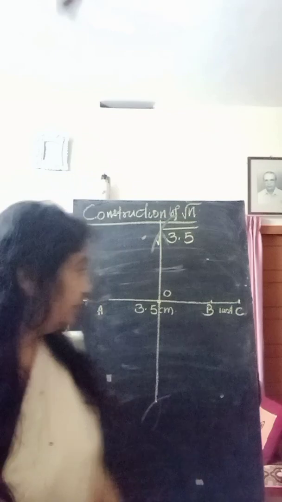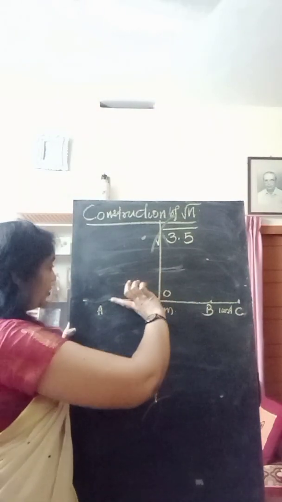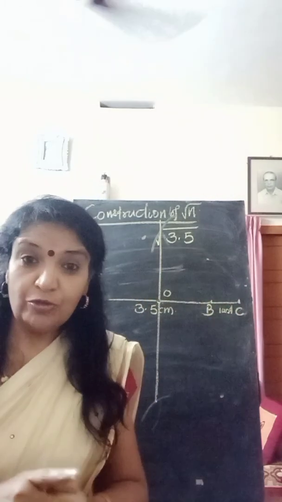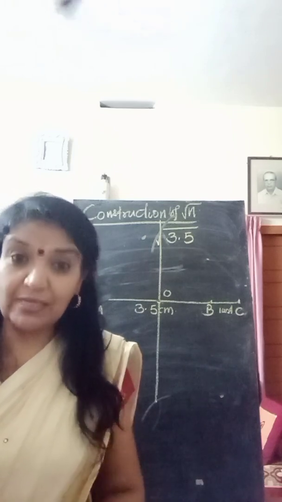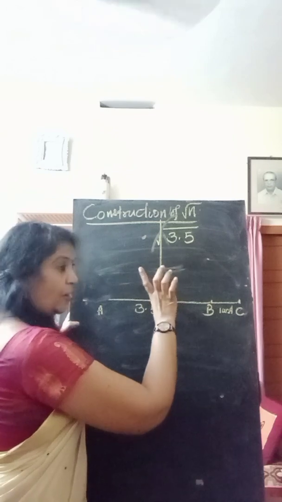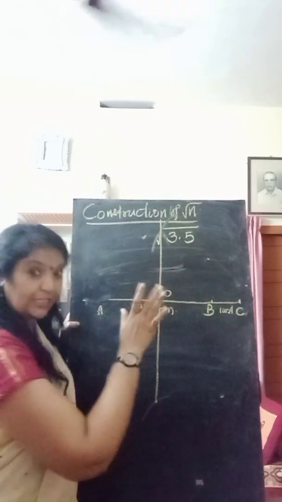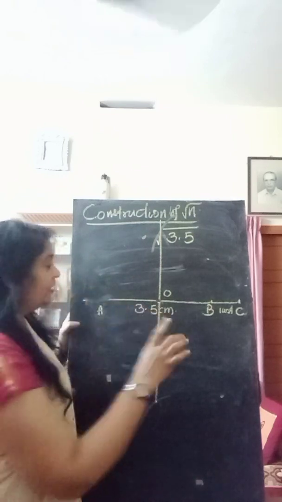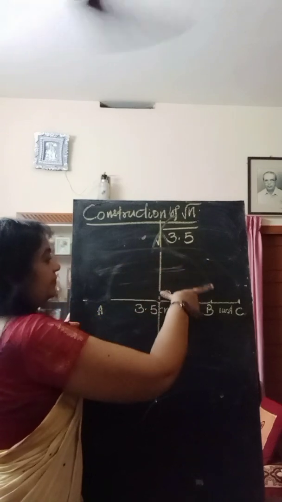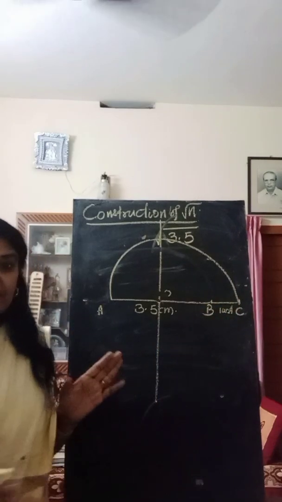From O, you are constructing an arc, a semicircle. Fix O as center, OA as radius or OC as the radius, both are the same. Draw a semicircle from A to C.